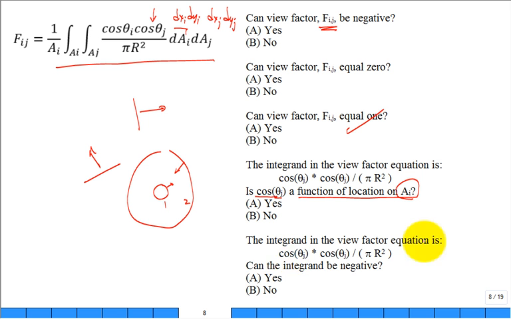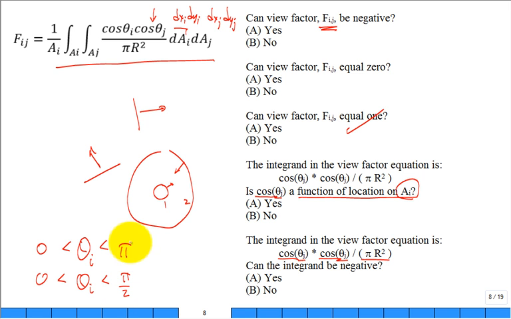Can the integrand be negative? Cosine of an angle, pi r squared. Well, you have to think. What do you think is the range of theta i? Can it go between 0 and pi, or is theta i restricted between 0 and pi over 2?